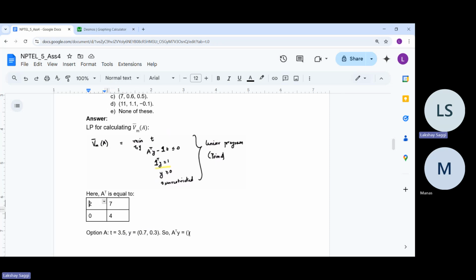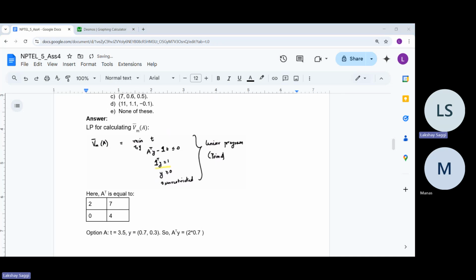So what is A transpose Y equal to? It will be a two-dimensional vector whose first entry will be 2 times 0.7 plus 7 times 0.3. The first row of the matrix gets multiplied with the entries of this vector. This is standard matrix multiplication I'm doing, nothing new.